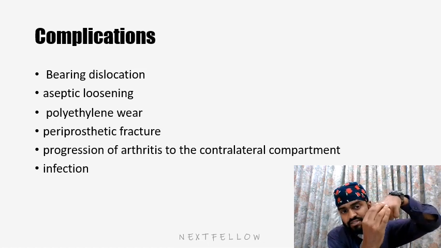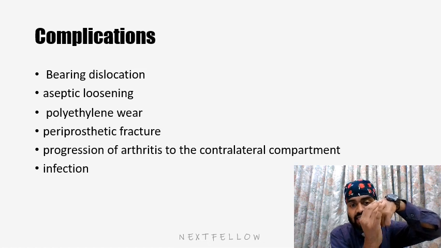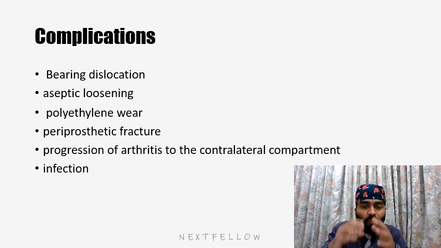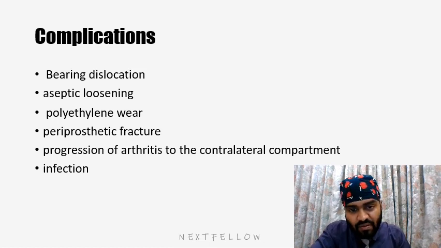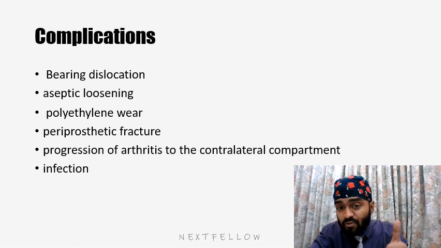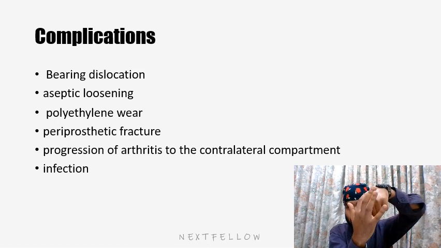Now, if you're using a cemented prosthesis, there can be something known as aseptic loosening. Also, there can be polyethylene wear and tear of the implant which you have used. There can be a periprosthetic fracture, that is, a fracture around the prosthesis.